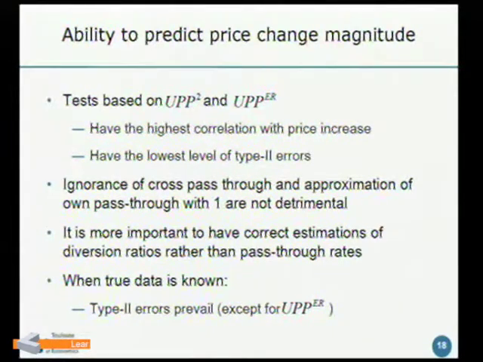Now, what will play a crucial role here is not the pass-through rate. If you make a mistake on the pass-through rate, it will not change the results too much, as we have observed. What matters a lot is your evaluation of the diversion ratio in those formulas.